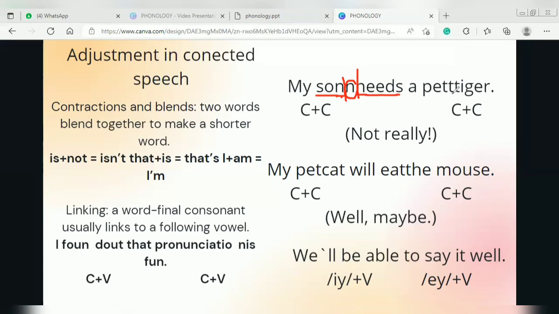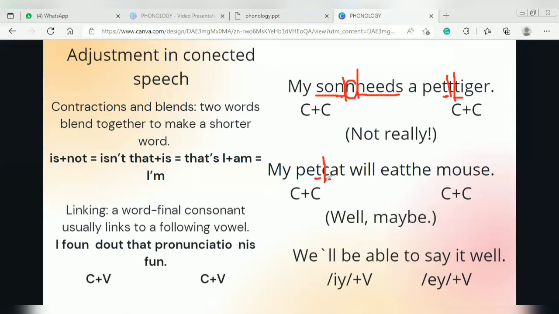And we have another word that is pet. We have t and t there, and that it's longer. Pet tiger. Okay. So in the next one, when we have a similar consonant like this, we have t and k sound.